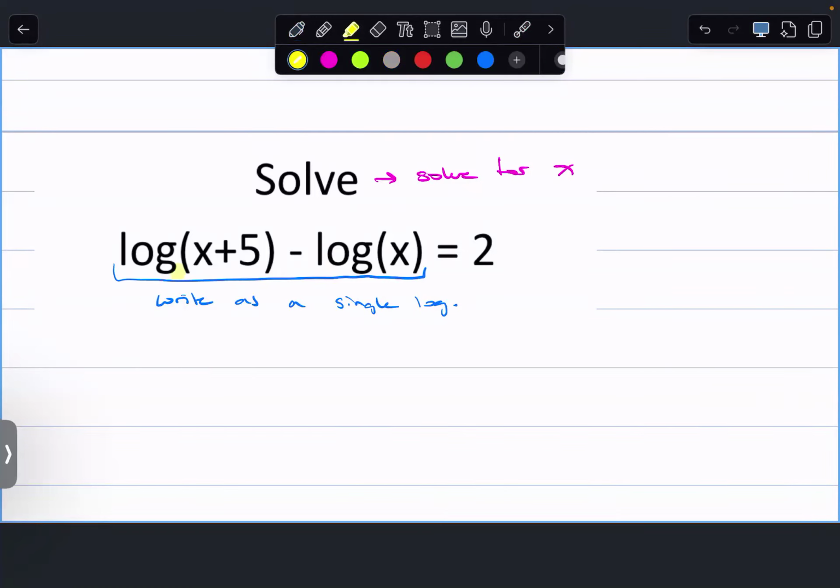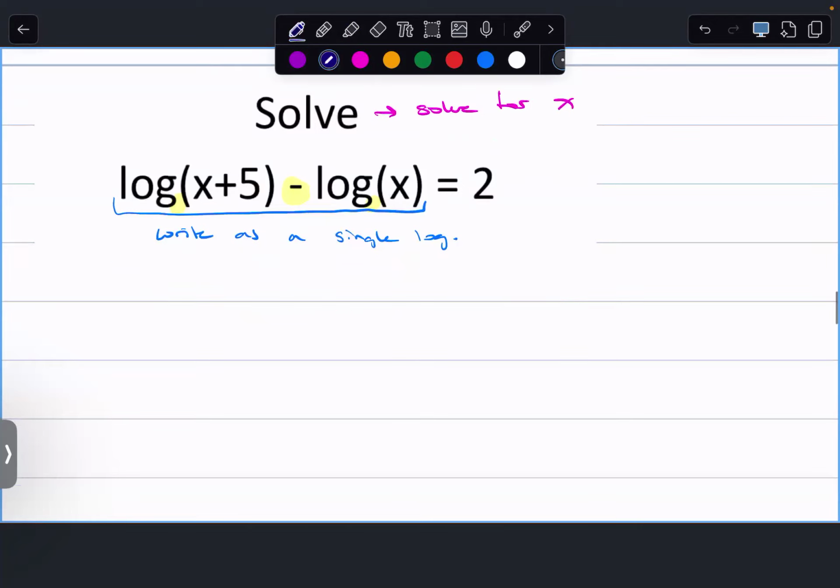Let's check. I've got log base 10, that's a good start, and I have subtraction of the two logs. And so by those log laws, I can rewrite this. Because I'm going to be manipulating this side, I'm going to write 2 on the left-hand side, because then I can move it all the way over, and then I can manipulate the right-hand side and it can kind of change.